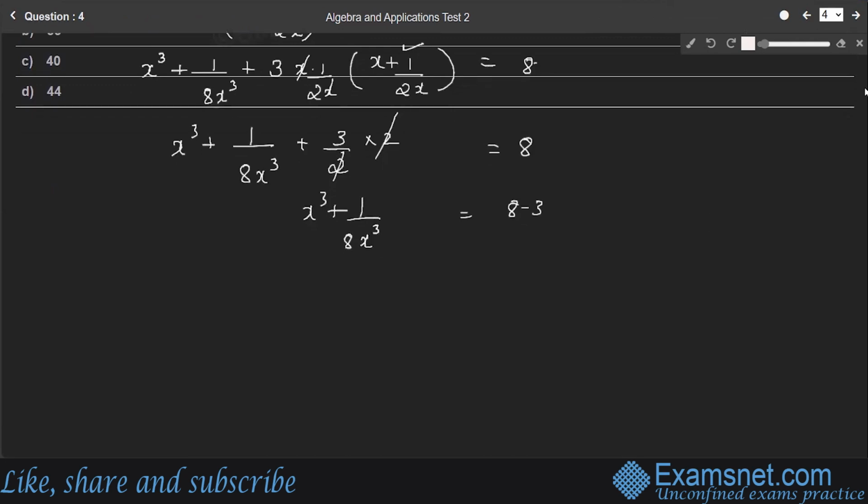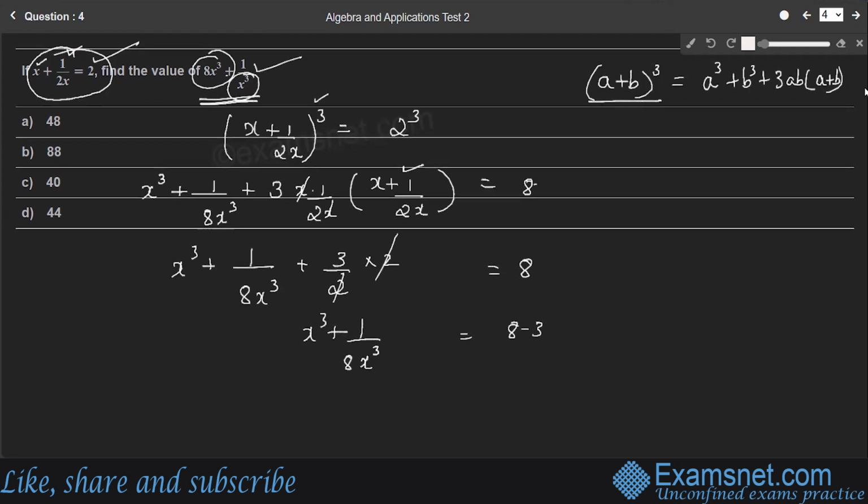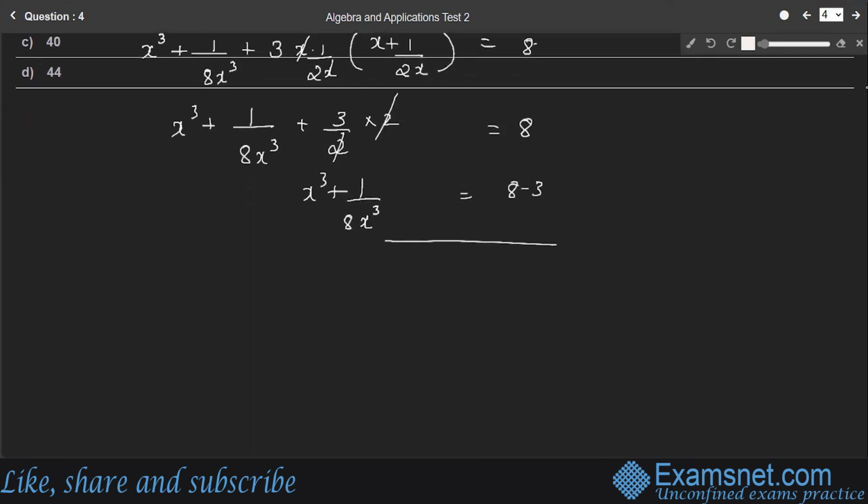So here the question asks us to find the value of 8x cube plus 1 by x cube, right? So let us multiply the given equation by 8. Multiply by 8. So the equation becomes 8 into x cube plus 1 by 8x cube is equal to 8 minus 3, which is 5.